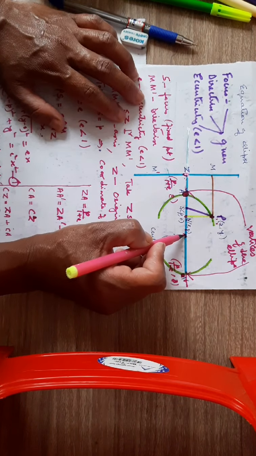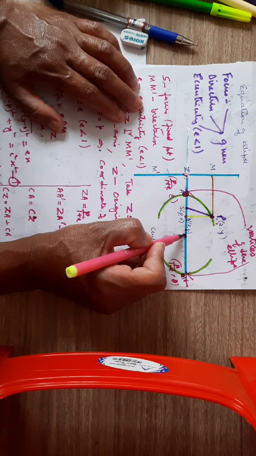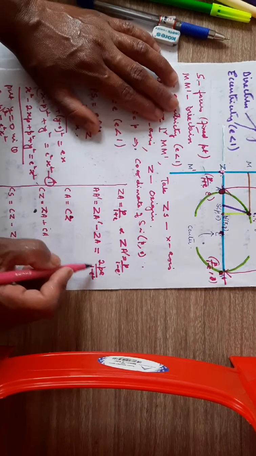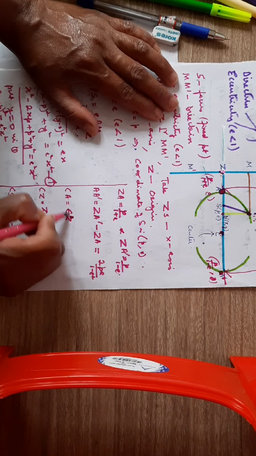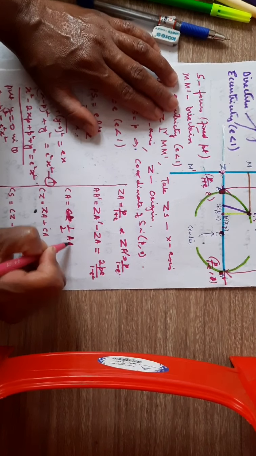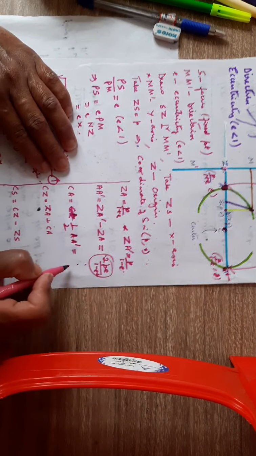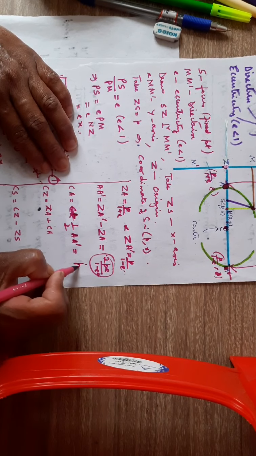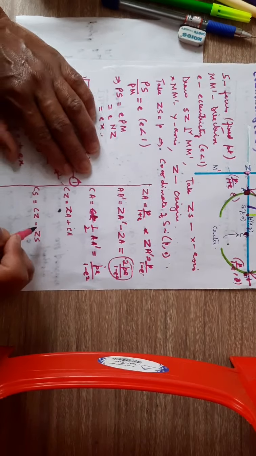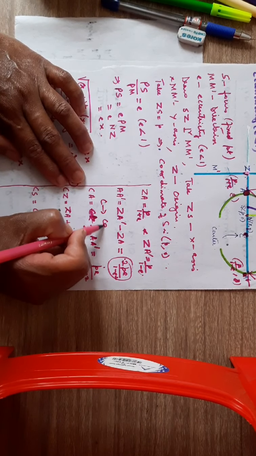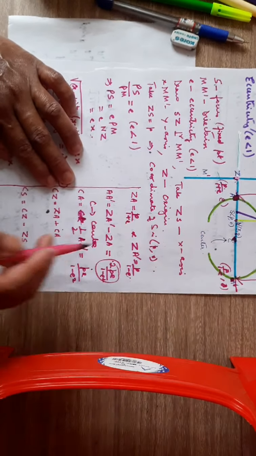If C is taken to be the center, then CA will be half of AA prime. Substitute the value of this, then 2 and 2 will cancel. You'll get PE by 1 minus e square, taking C to be the center of the ellipse.